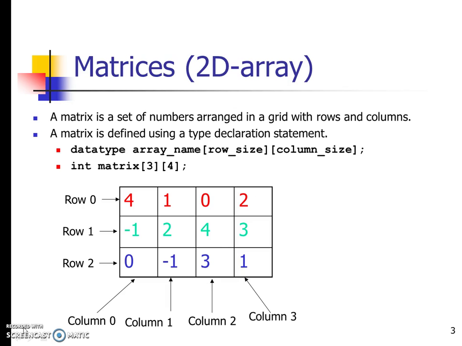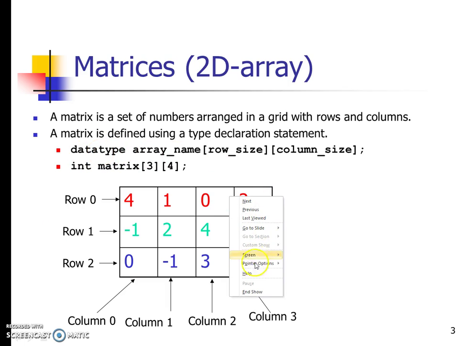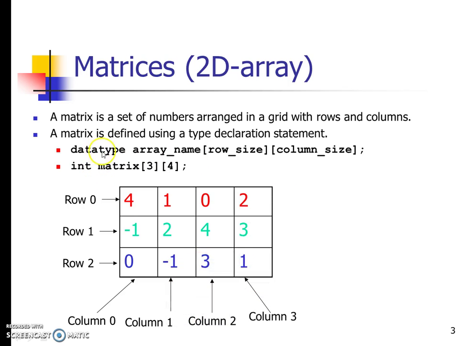Now, how will we declare a two-dimensional array? Similar to the single-dimensional array, we first specify the data type, then we specify the name of the array. Here, to tell it is a two-dimensional array, we will have two subscripts.